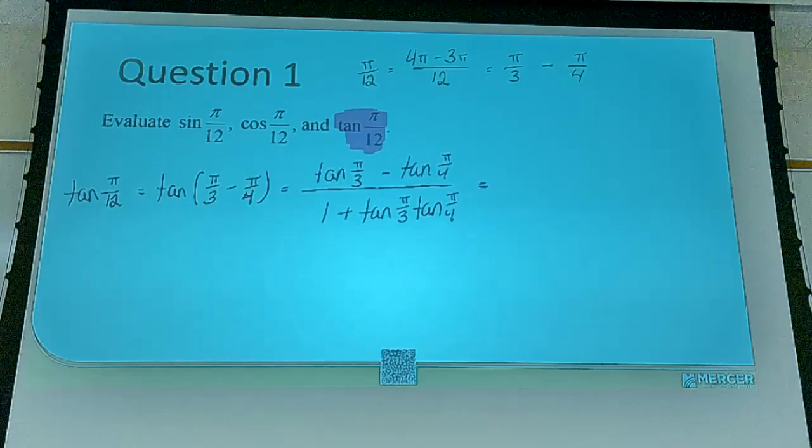What is the tangent of pi over 3? Square root of 3. Just root 3. What's tangent of pi over 4?